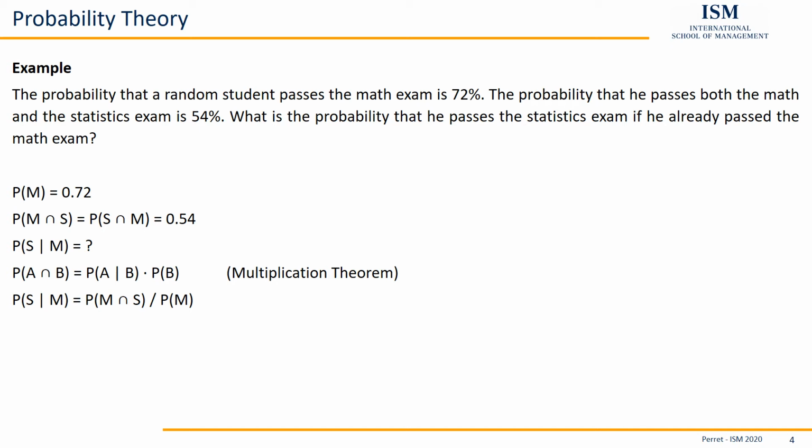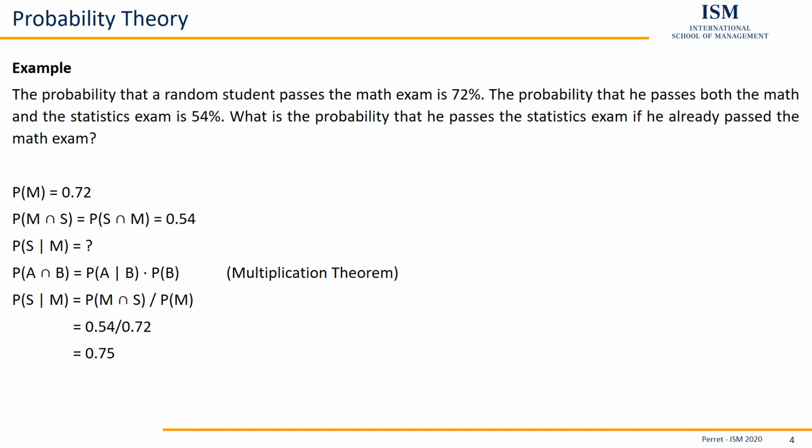Here we get the probability of M intersects S, that's our 0.54, divided by the probability of passing math, that's 0.72, giving us a conditional probability finally of 0.75. So the chance is 75% of passing statistics when he already passed math.